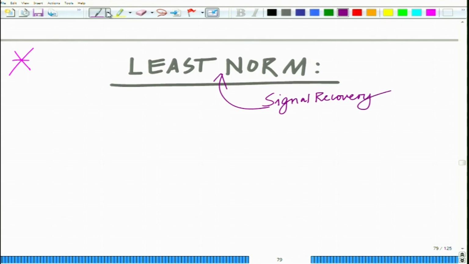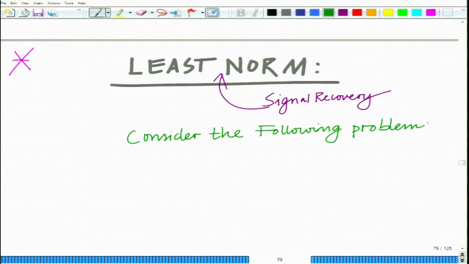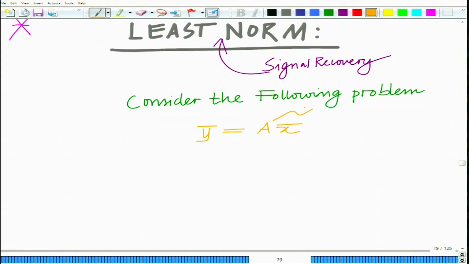Or you can also think of this as signal estimation. And the least norm paradigm is as follows. So, consider the following problem, wherein we have again y bar equals A times x bar, and A is an m cross n matrix similar to what we have seen previously.